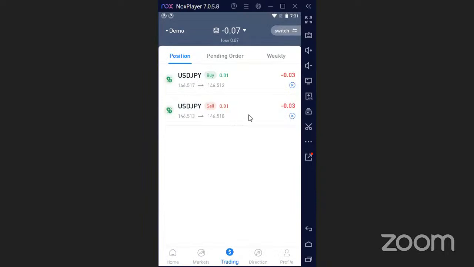They are both in loss right now, but don't worry, it's going to change. One of them is going to change to profit. I want to show you the difference between profit and loss. When you see this red and this minus, that means you are in loss. And mind you, loss is not consistent.